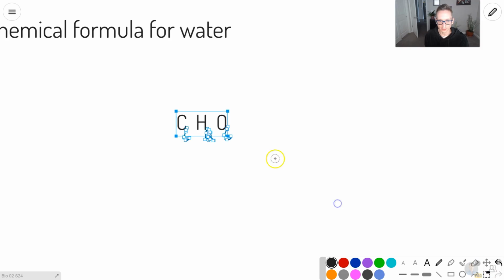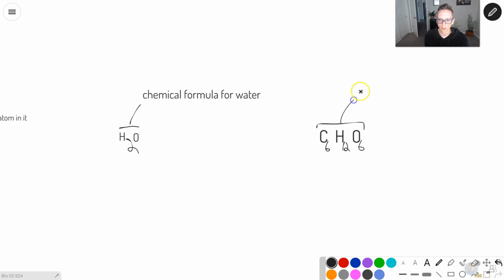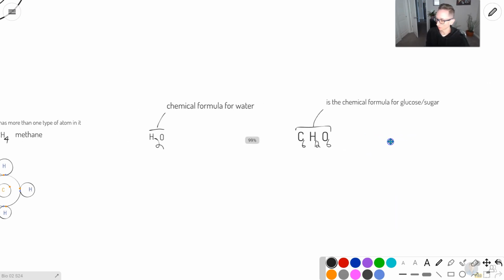That right there is a very special chemical formula, and I'll always have those ratios there. This is the chemical formula for glucose, sugar, which is one of the main energy sources for life. Anytime you see C6H12O6, we're talking about a sugar, we're talking about glucose.